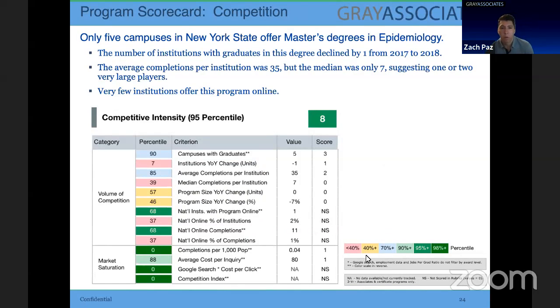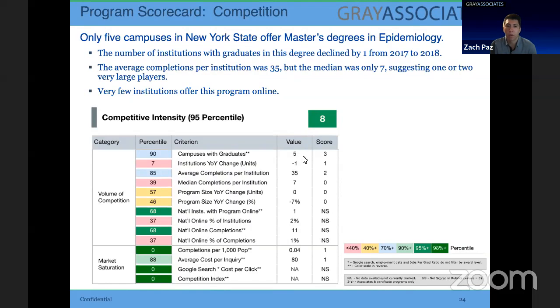In terms of employment and competition, there are five institutions within New York State. That puts it in the 90th percentile. So there's actually a good amount of institutions compared to other master's programs.